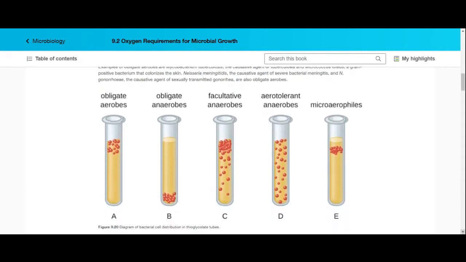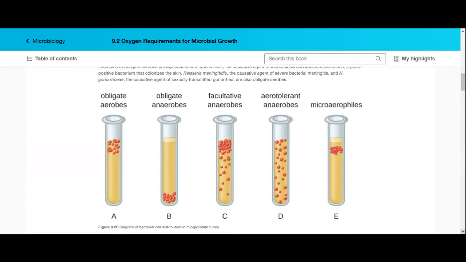So the obligate aerobes are going to be clustered up at the top, because there's going to be that gap where there's some oxygen, so they can take advantage of it. The obligate anaerobes want to be as far away from the oxygen as possible, so they're going to be down close to the bottom of the tube. Facultative anaerobes, we'll see more up at the top, but we can see them throughout.